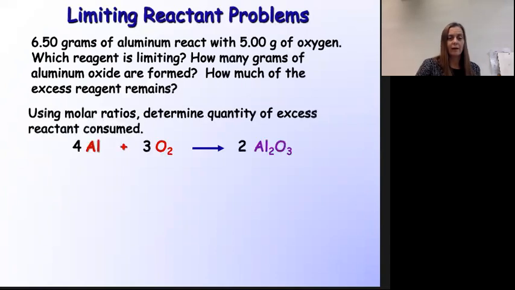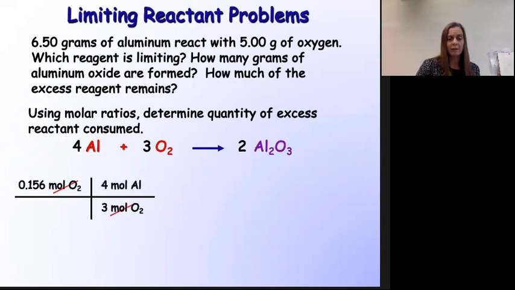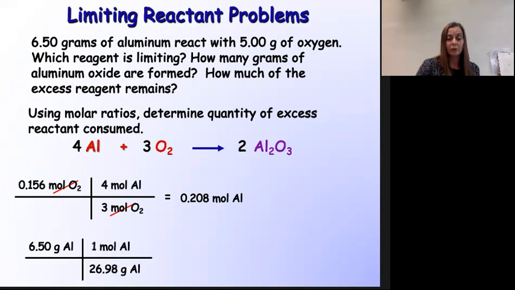So I am going to start with my moles of oxygen. I'm going to convert to moles of aluminum, and I'm going to find that I will use 0.208 moles of aluminum. Now I'm going to convert my grams of aluminum to moles of aluminum. We've done this once already, but that's okay. And I'm going to find that we have 0.241 moles of aluminum.